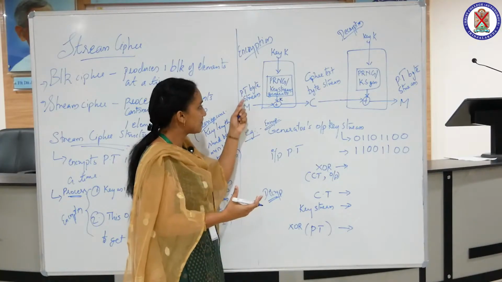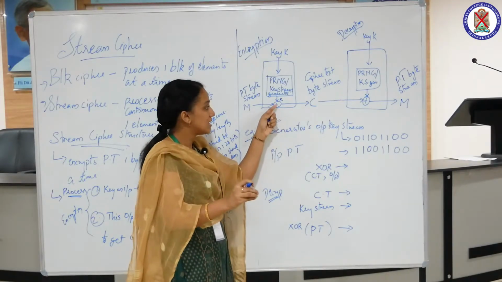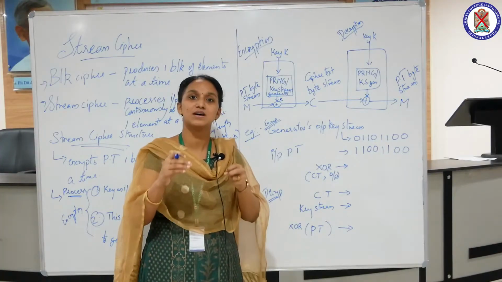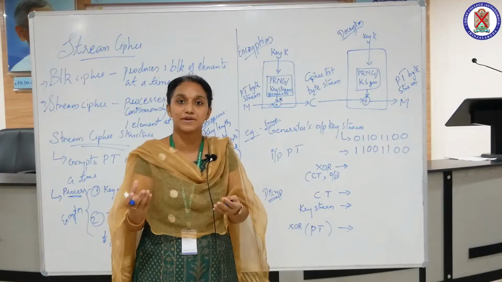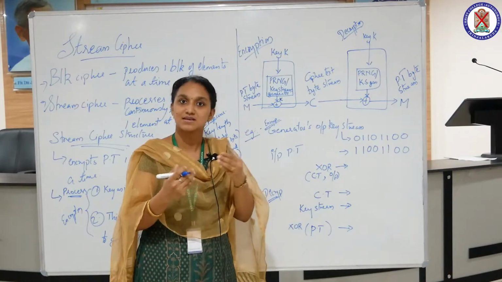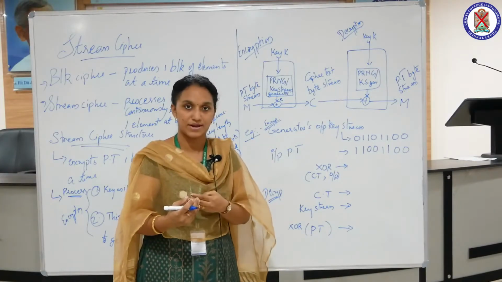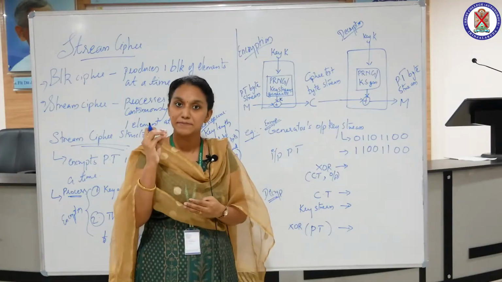The plain text is now XORed with the random key stream. While performing the XOR operation, you should be familiar with what the function is. For XOR, for the same bits the value is 0, and if the bits differ, the value is 1. Clear? And it is done bitwise.